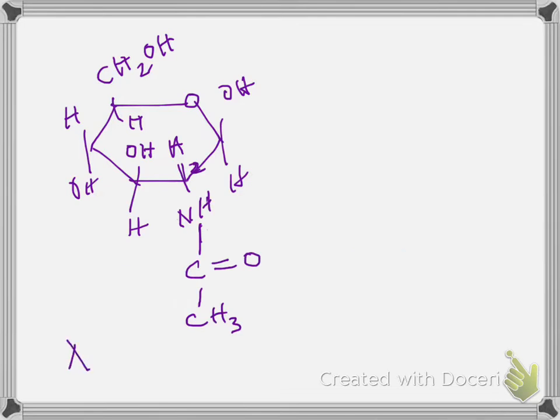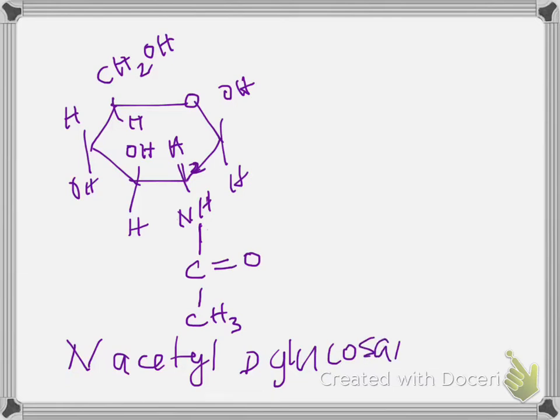Now this is the structure of N-acetyl D-glucosamine. First the OH group of the second carbon is replaced with the amino group, which is known as glucosamine, with NH2.